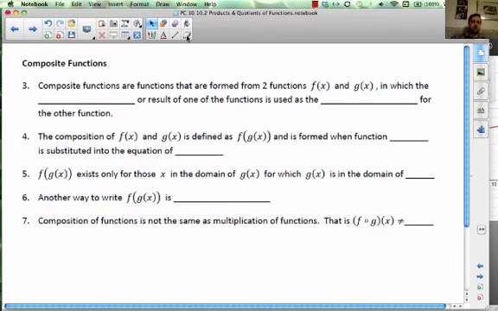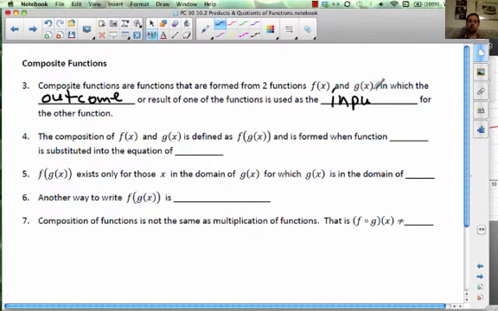Alright, now we're moving on to composite functions. Composite functions are functions that are formed from two functions in which the outcome or output or result from one function is used as the input for the next function. So we basically solve one function and get a number and then plug it into the next function.